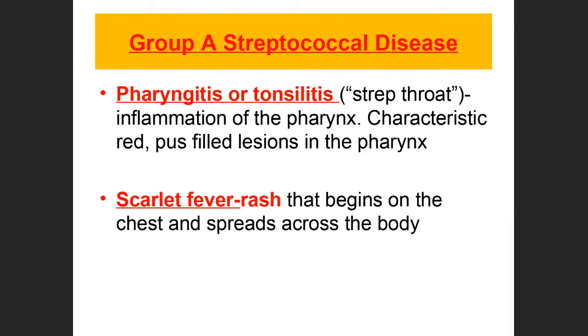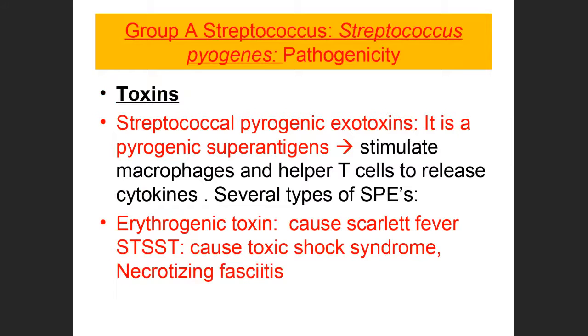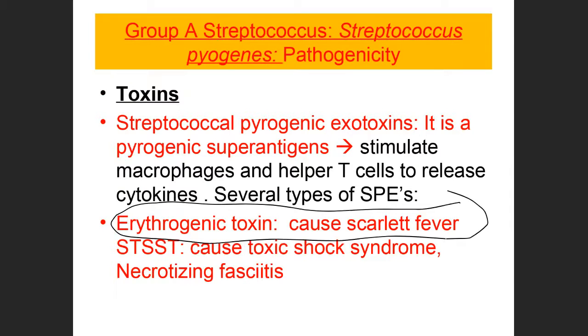The organism causes pharyngitis, or strep throat, which is a serious infection in the sense that this is a very virulent organism and it has to be treated as soon as possible. This is also the organism responsible for scarlet fever. The erythrogenic toxin is what will cause scarlet fever.